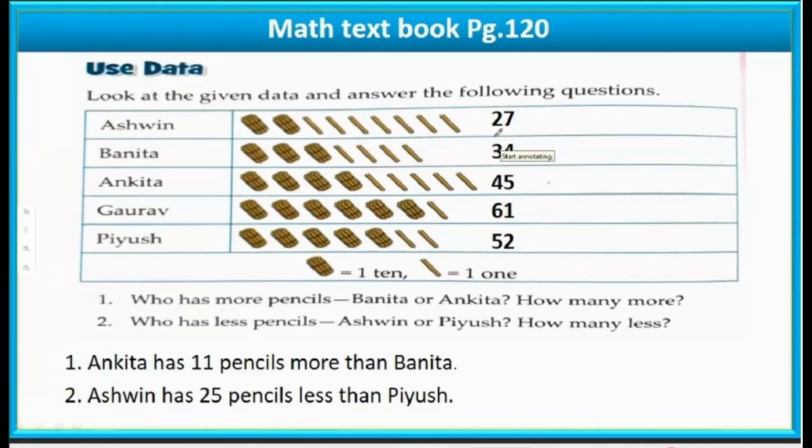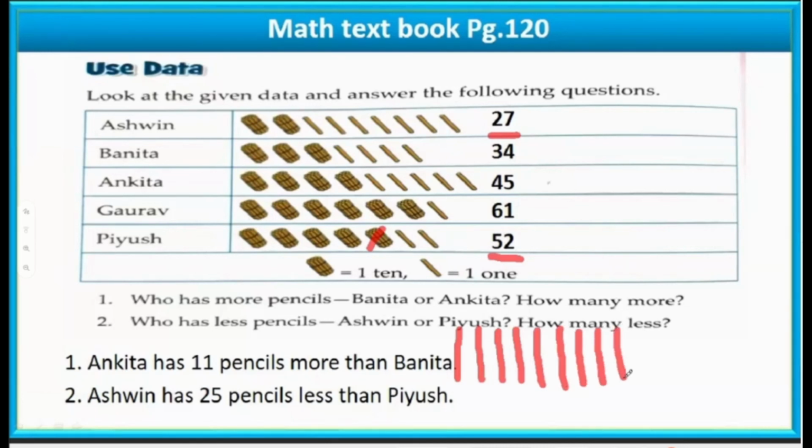One bundle has 10 pencils, so you will be drawing 10 pencils. For 7 ones, we have to break the bundle and take 7 sticks because we have only 2 separate sticks outside. So we cannot take. You will break the bundle. Draw separate 10 lines, along with these 2 lines. Along with that, you will be striking out.